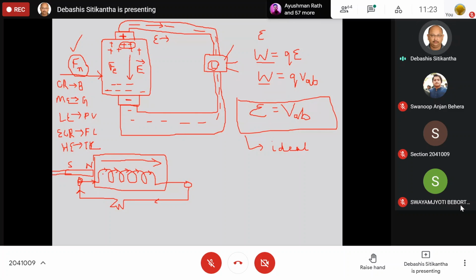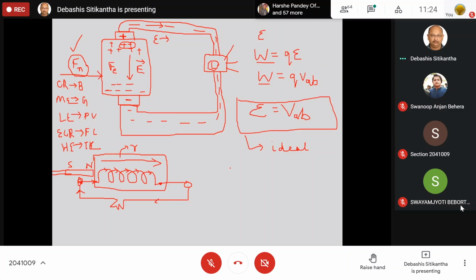Naturally that resistance is known as the internal resistance. So whatever be the EMF that is actually generated across these two ends of the conductor, and the potential that is available across the terminals of the conductor, they are going to differ.